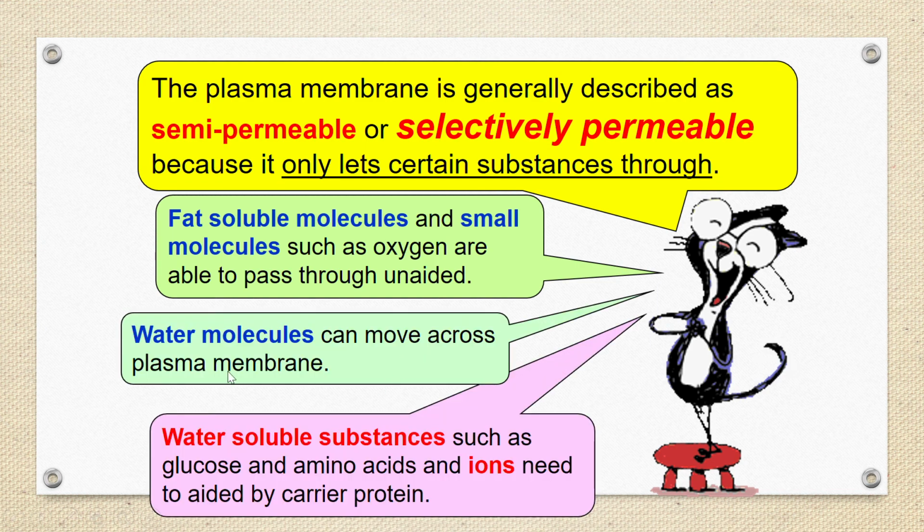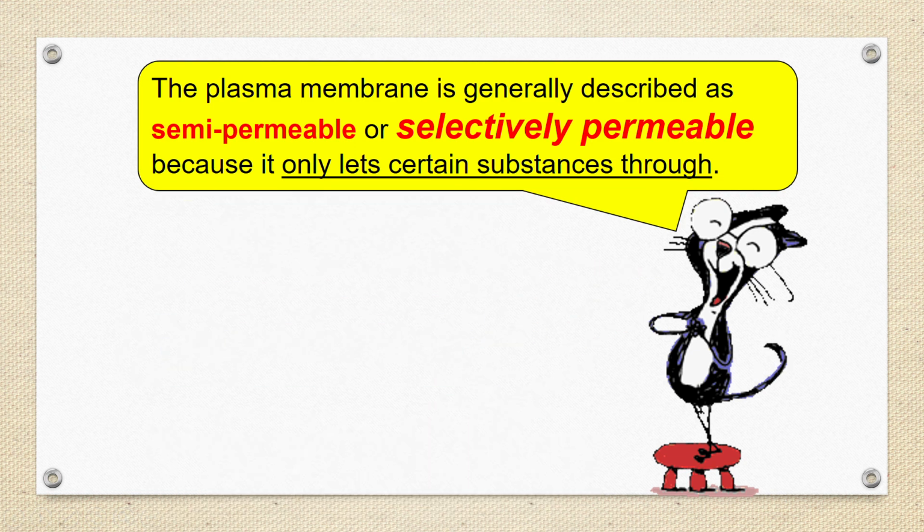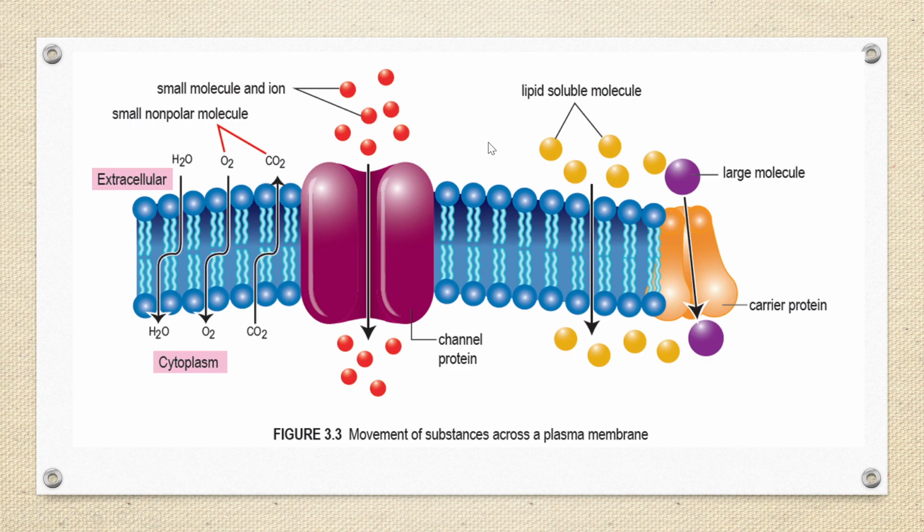Okay, another one. Water-soluble substances such as glucose, amino acids and ions need to be aided by carrier protein. Although glucose and amino acids are water-soluble, they don't just go through the phospholipid bilayer just like that.